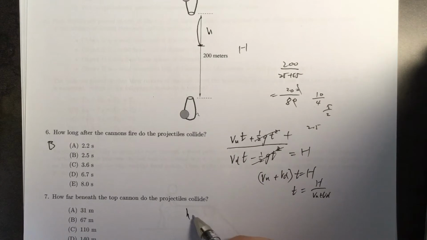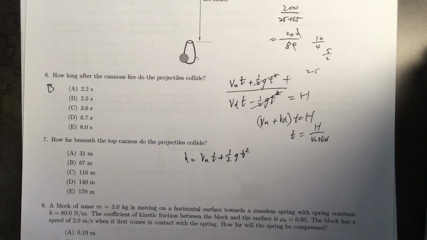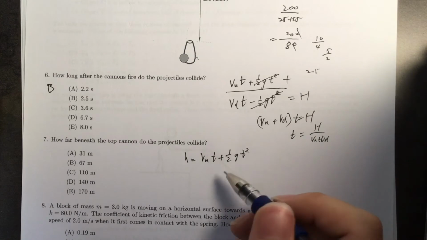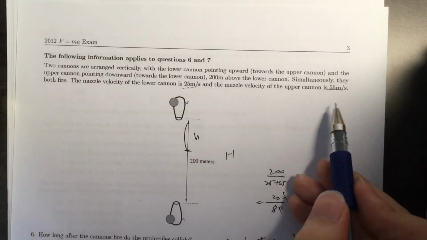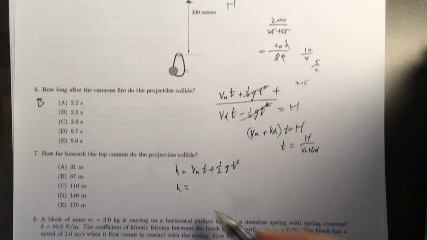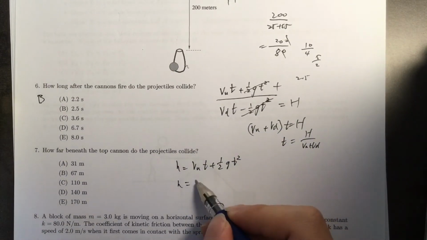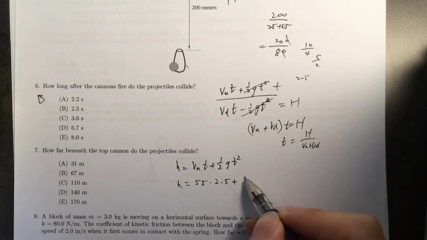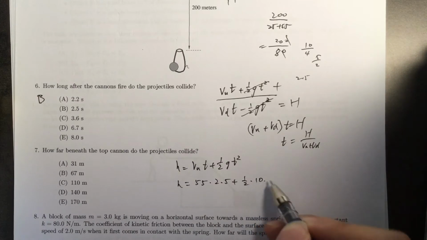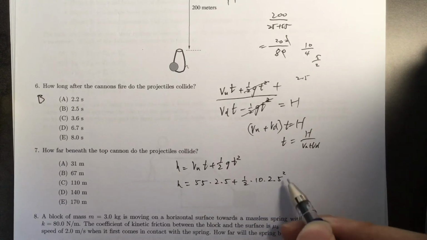So H is equal to V upper times T plus 1/2 g t squared. We know T is equal to 2.5, and the top cannon has 55 meters per second of speed. So 55 meters per second times 2.5 plus 1/2 times 10 times 2.5 squared.